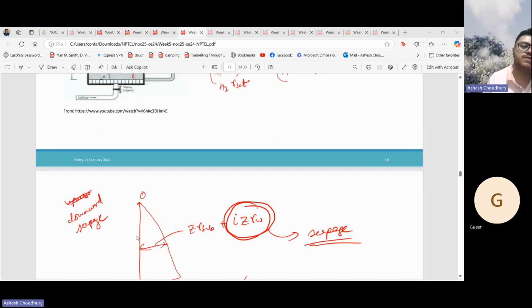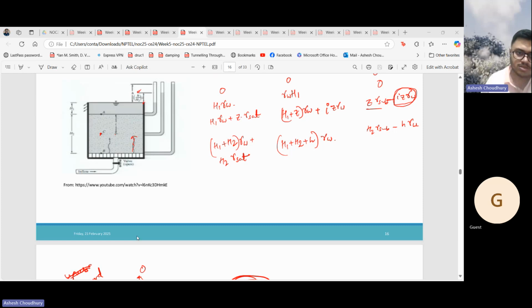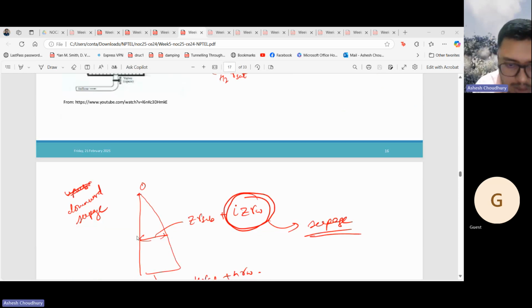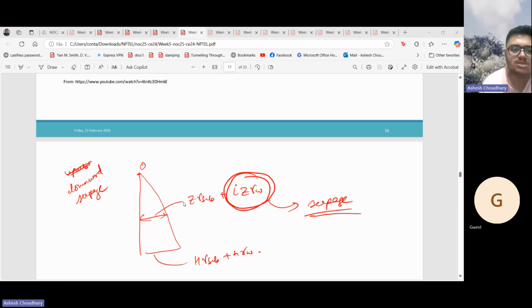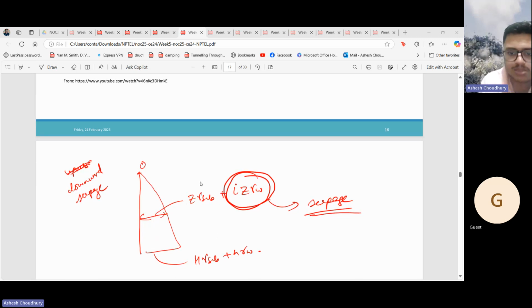Upward flow is against gravity, so the effective stress reduces. And if there is downward seepage, then the effective stress increases.